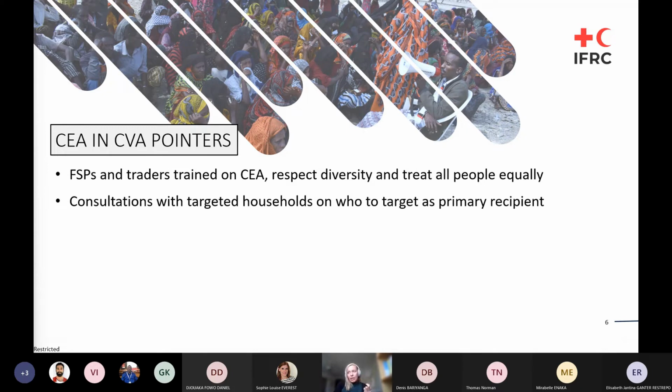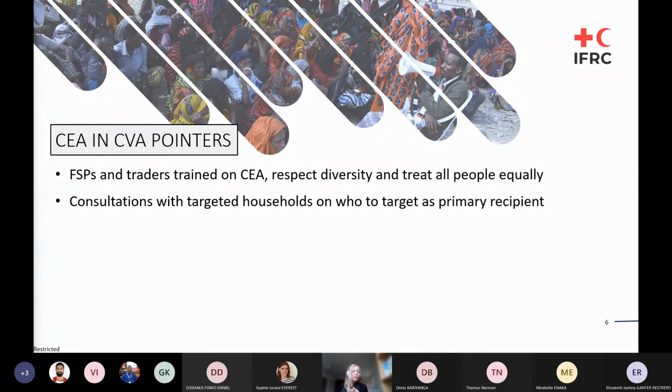We need to consult targeted households on who to target as the primary recipient of cash. So meaning the one that is registered on our books and is the one to come and collect the cash. And this is for the reasons of, for example, people facing risks in going to collect cash at a payout point, unless they have it on a mobile phone. But it could also be household level conflicts.